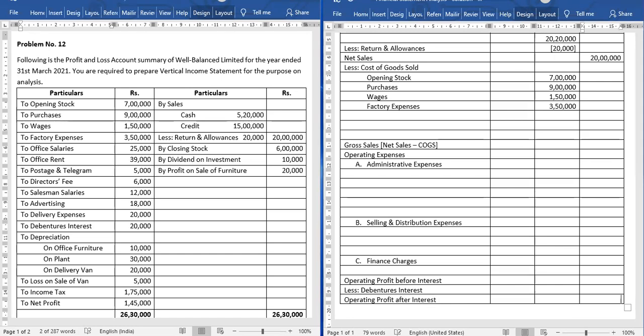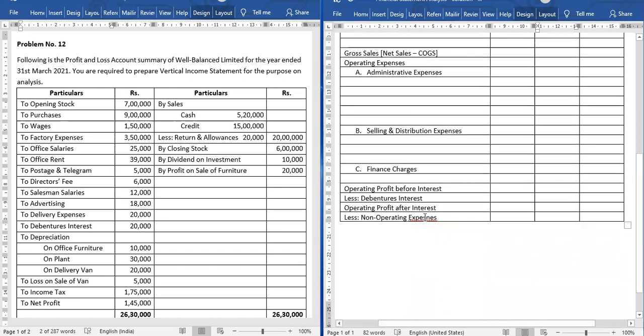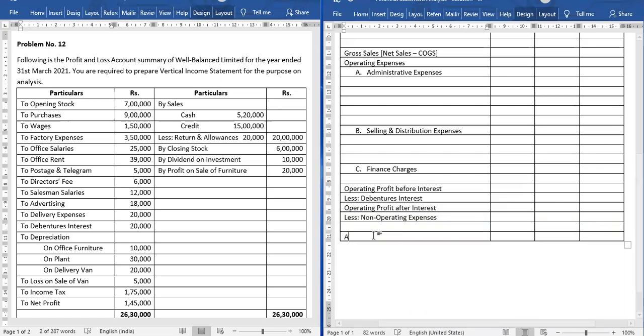Then after this, less non-operating expenses. Okay. Then after this, add non-operating income.